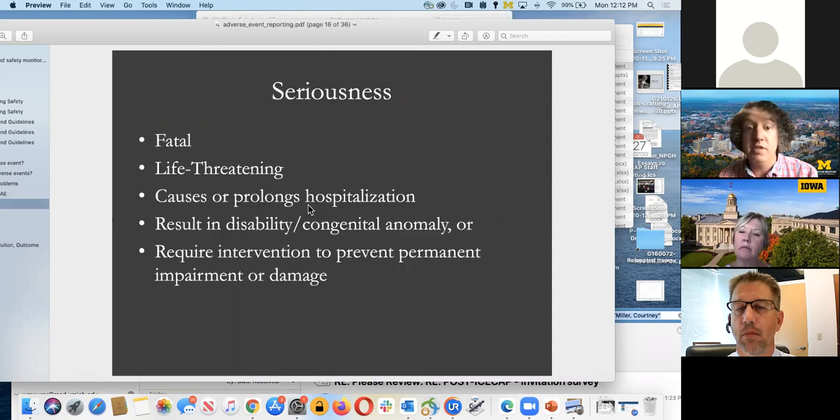So seriousness is basically how major the problem was with respect to risk of death or major complications like causing or prolonging a hospitalization, and requires some type of intervention to prevent permanent impairment or damage.